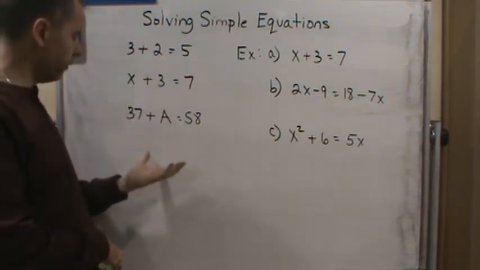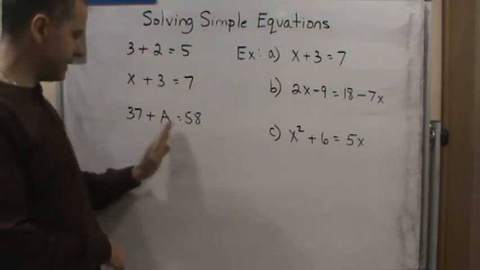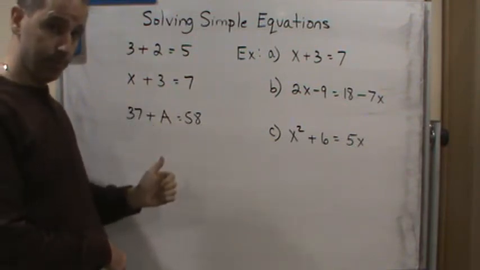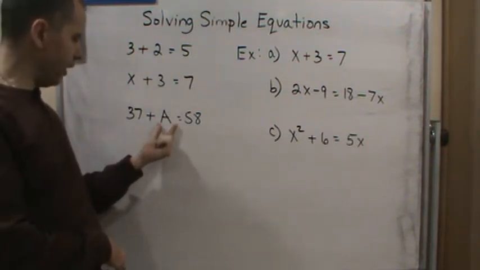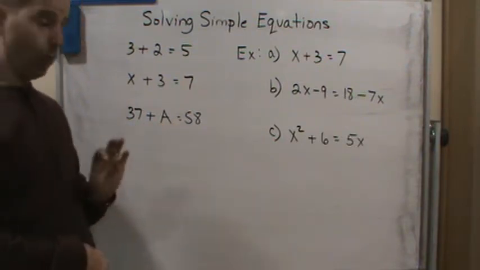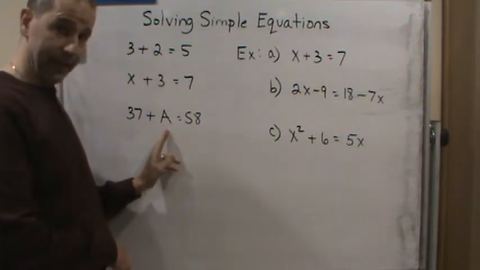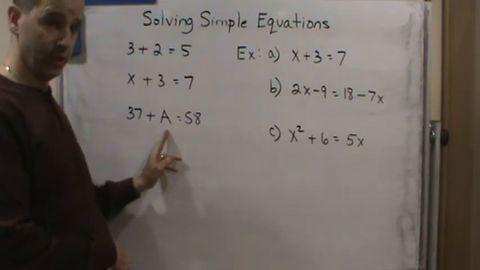So we want the value of the variable a in this case that makes this side equal to this side. Whatever value of a makes that true is called a solution to the equation.